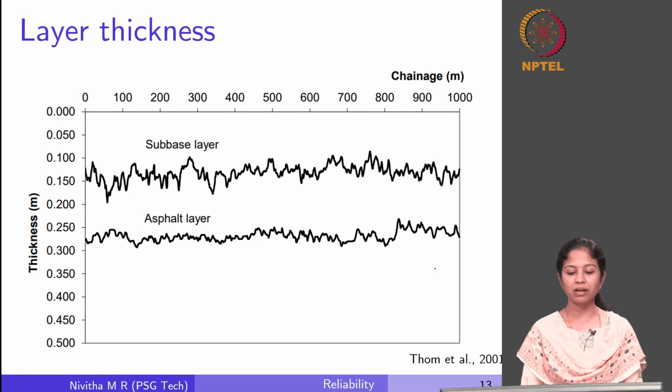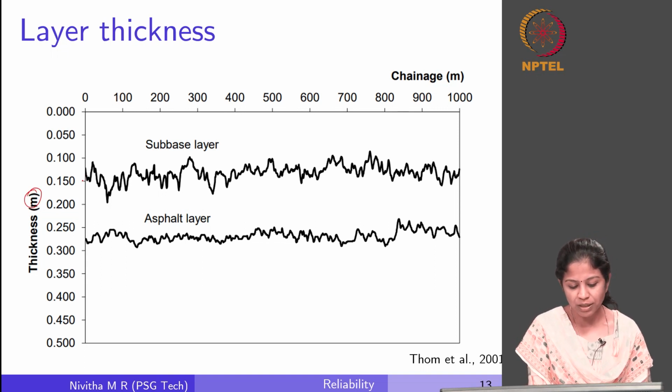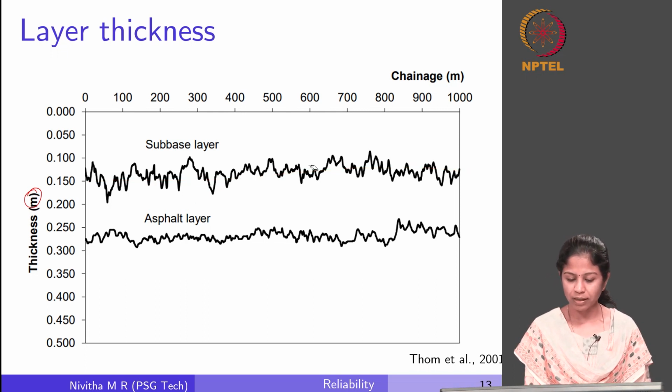So if I take a particular layer, this is a sub-base layer, you can see here that this is the thickness in meters, so it is 150 mm. You can see how much is the variability.